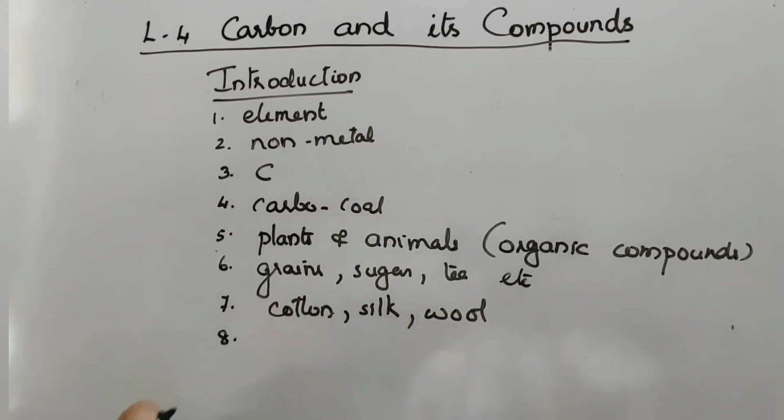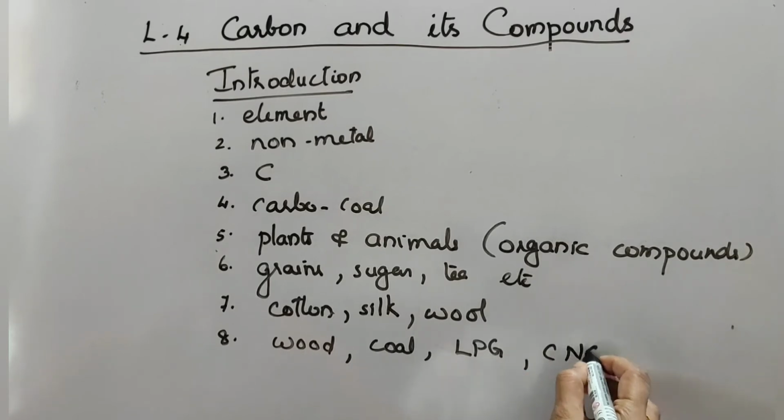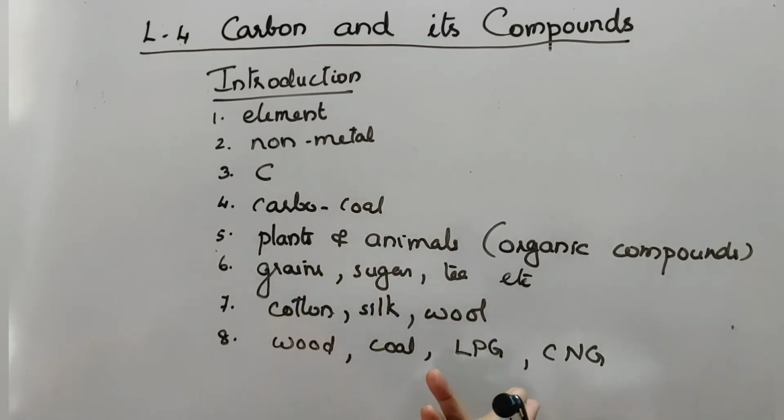And the eighth one, the fuels. Which are the fuels? Wood, coal, kerosene, LPG, which means liquefied petroleum gas, natural gas, and CNG, which means compressed natural gas, petrol and diesel, which are used for cooking food and for running vehicles, are all carbon compounds.